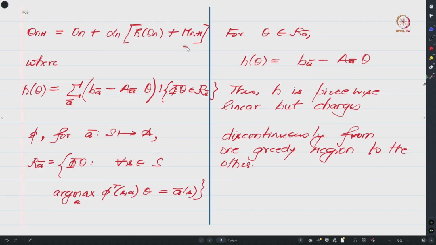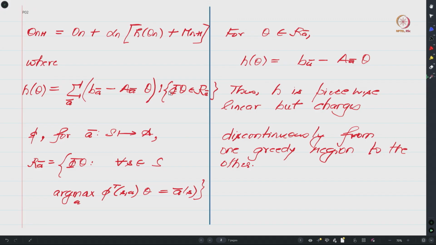can be written in the following way, where your h of theta is given as shown here. So you have some linear function that changes depending on what the value of theta is. In particular, this choice of linear function changes depending on in which greedy region phi theta lives.